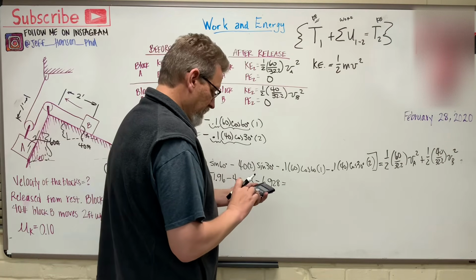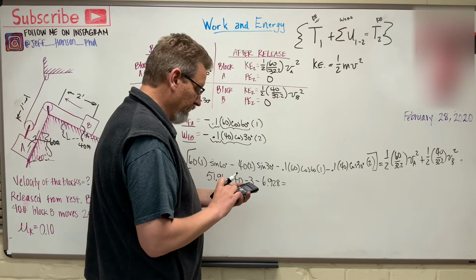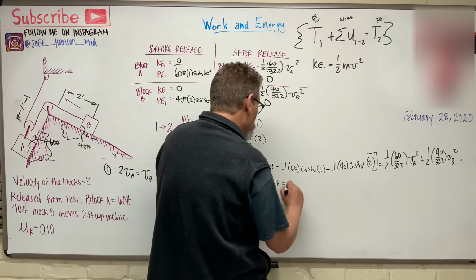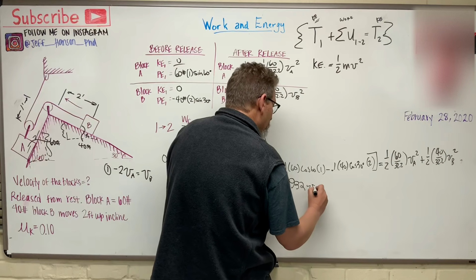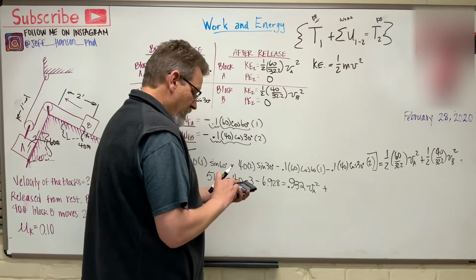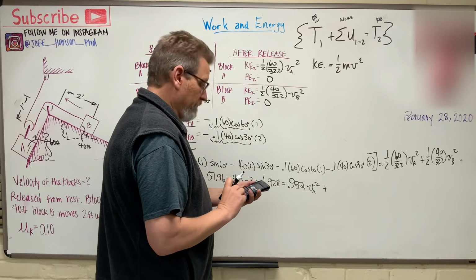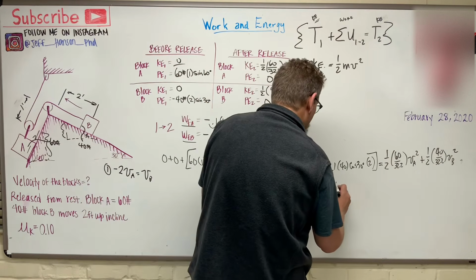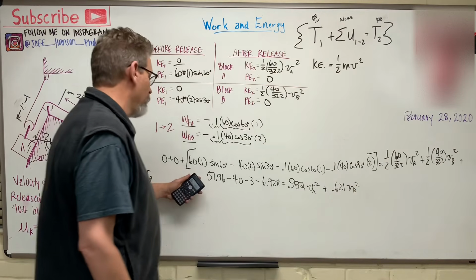Equals 60 divided by 32.2, divided by 2 is 0.932, and that's VA squared, the velocity of A squared, plus 40 divided by 32.2 divided by 2 is 0.621 VB squared. Okay, so there's a good equation.